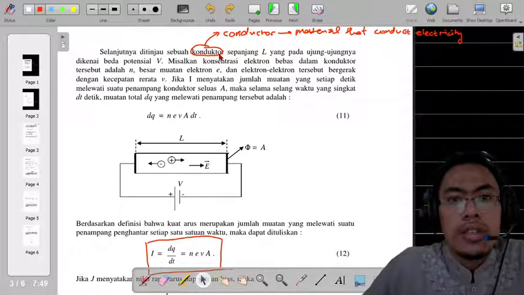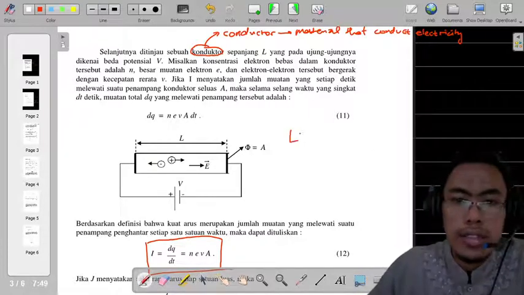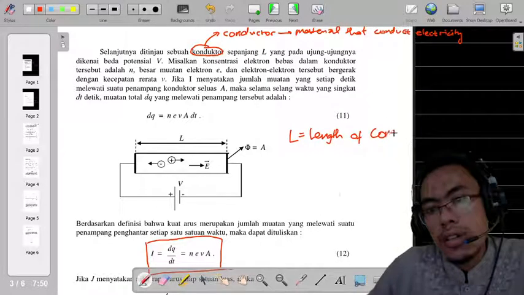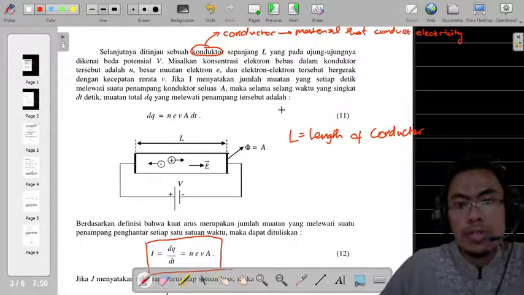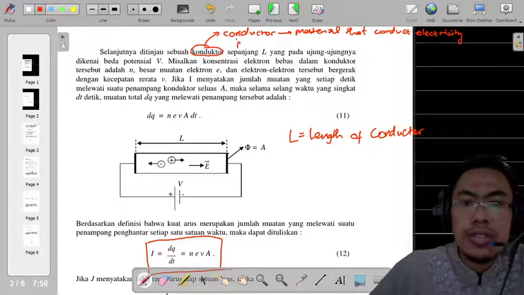Let's say we have a conductor, and the length of the conductor is L. So L is the length of the conductor. Okay, so I'm sorry, the opposite of a conductor is an insulator.